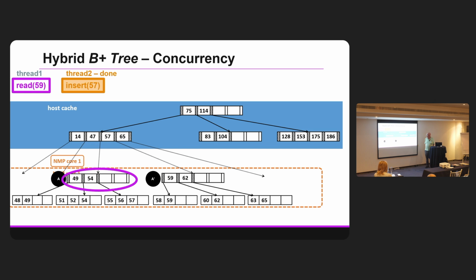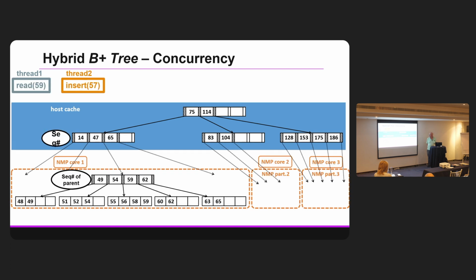Now read 59 comes along, and it knows, or thinks it knows, which block to go to, but that block was split immediately before it visited. And the key it's looking for is no longer available. So this is another example of a race condition that happens if you're not careful.